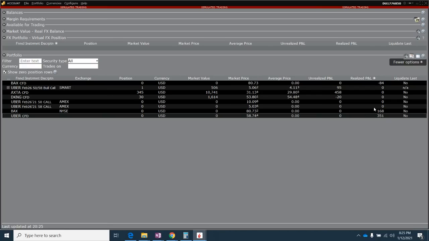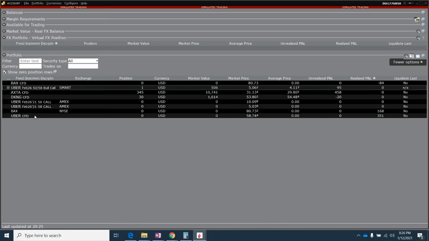If you recall, yesterday when I went live, I traded this one live. You could also see that I have opened the corresponding option position aside from the stock, and it's currently profitable with $95.